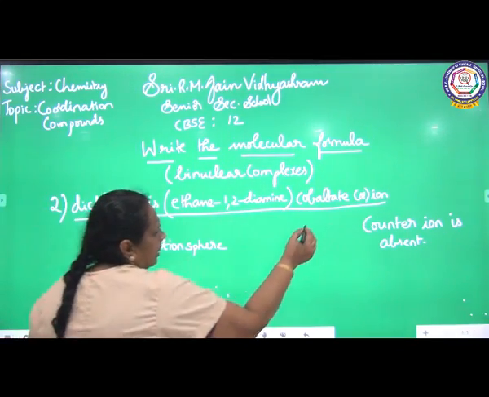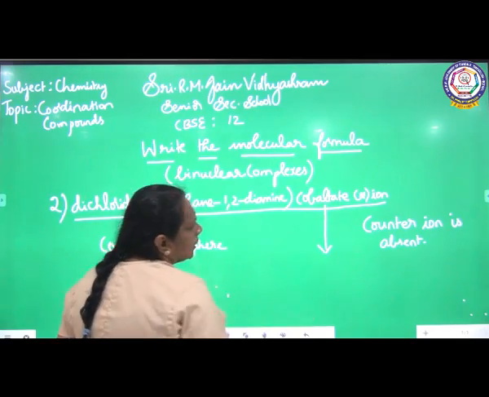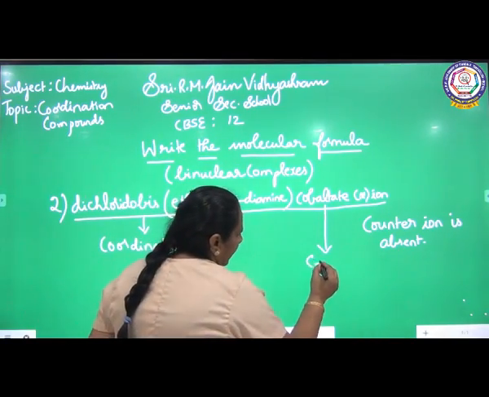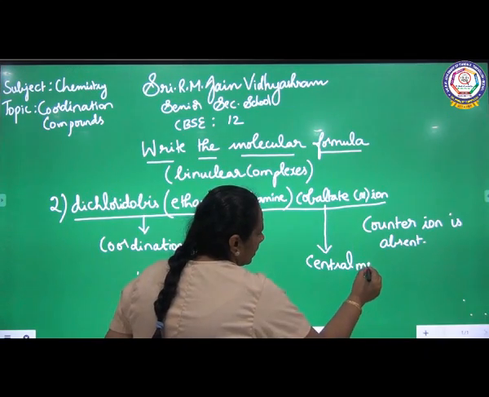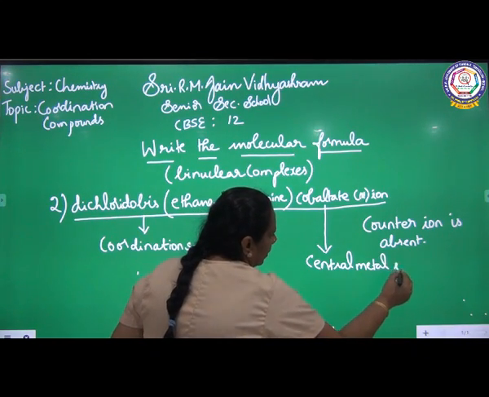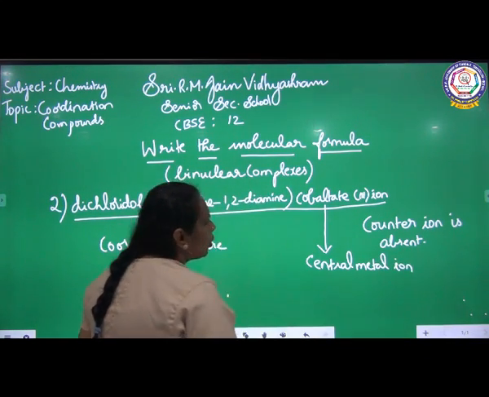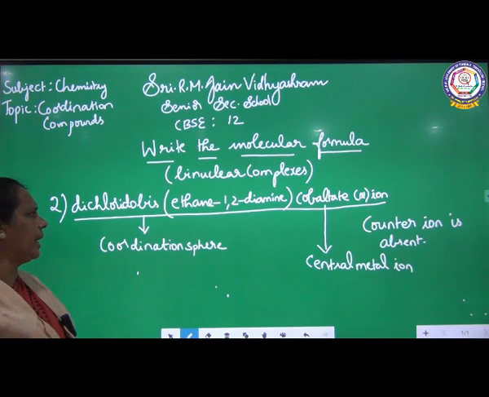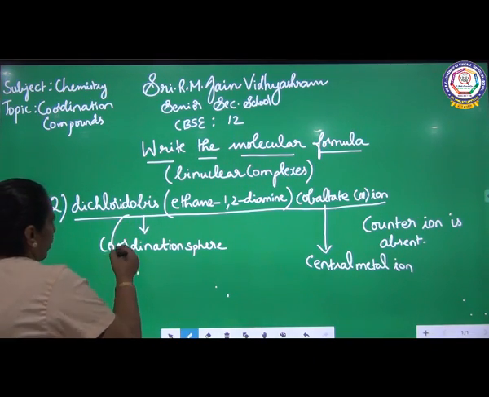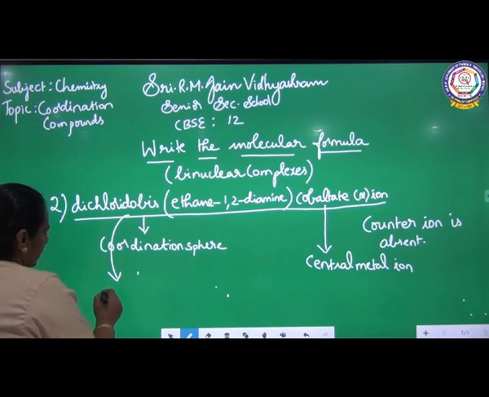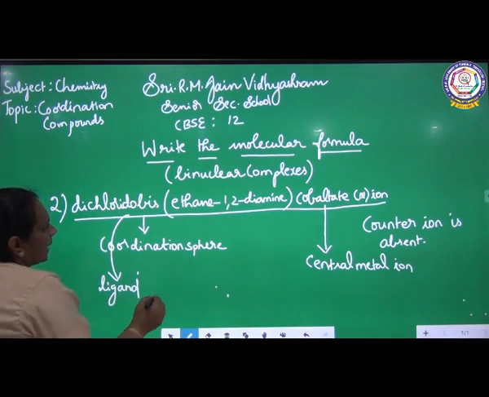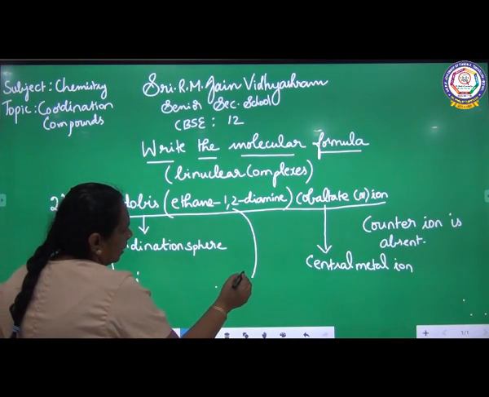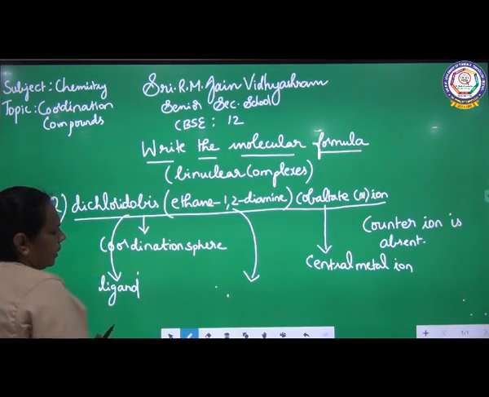To start with, cobaltate is the central metal ion. There are two different ligands present here. One is chlorido. The other ligand is ethane 1,2 diamine.